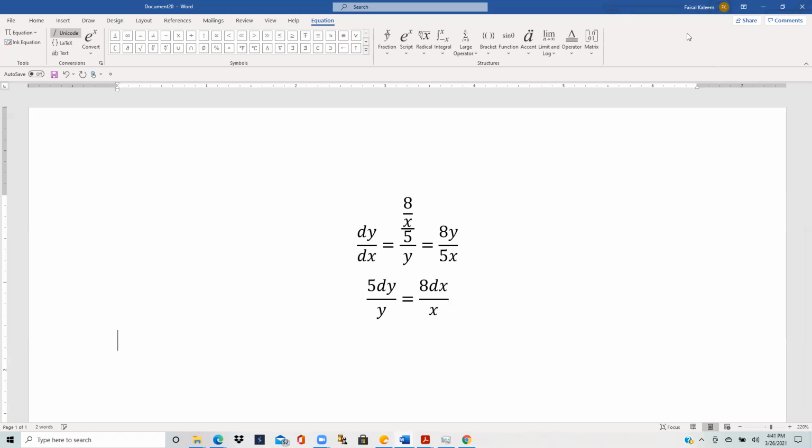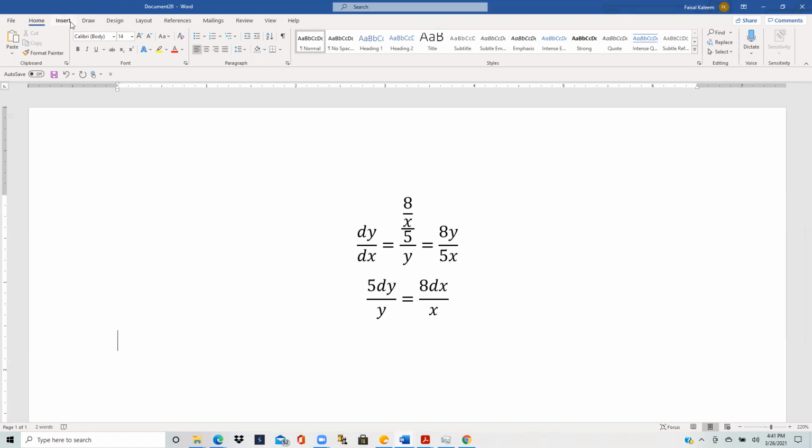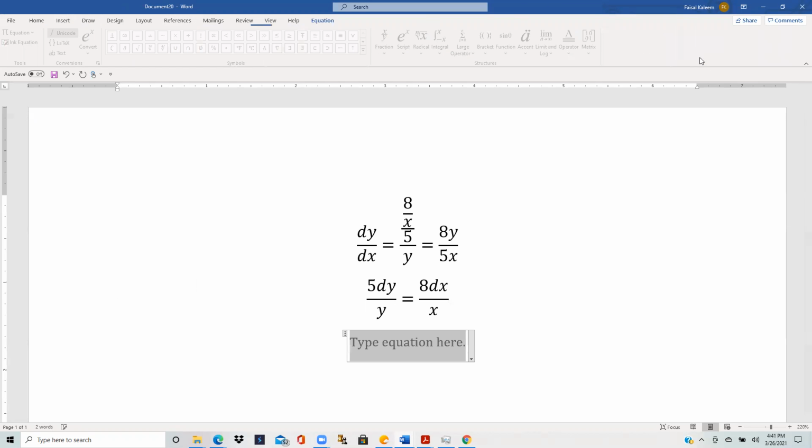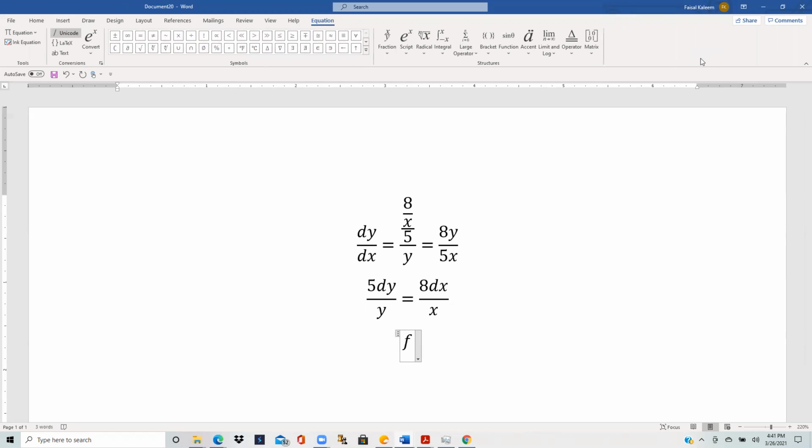So 5 ln y, when you integrate, 5 ln y is equal to 8 ln x plus c.